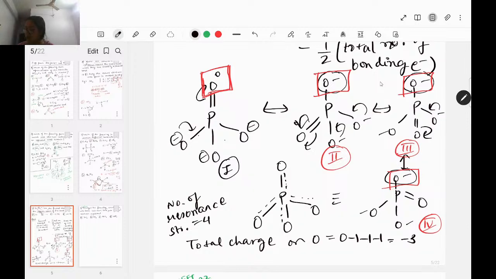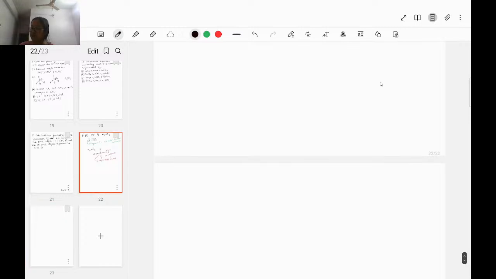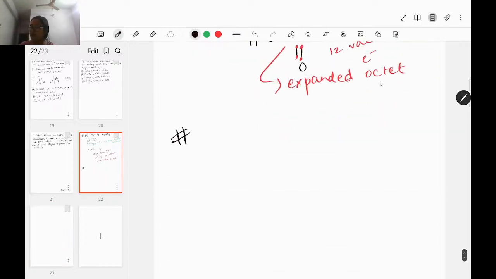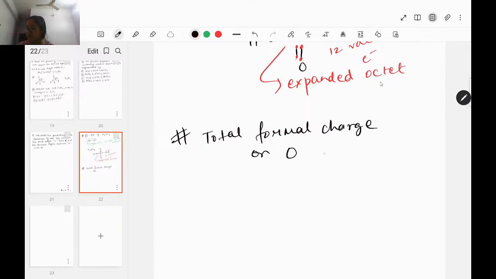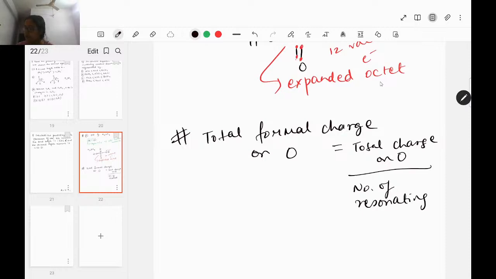Now, let me come to a new page. So what is the total charge? Total formal charge on oxygen is the total charge on oxygen divided by the number of resonating structures.